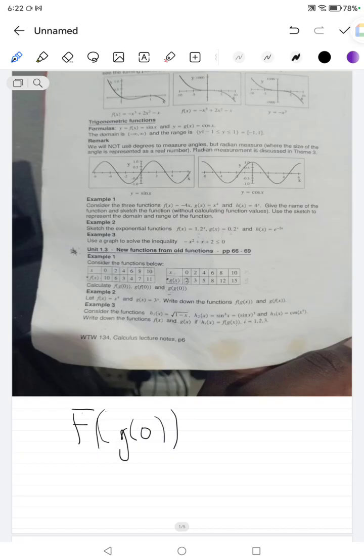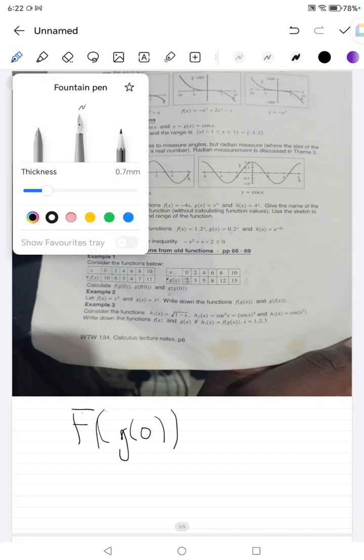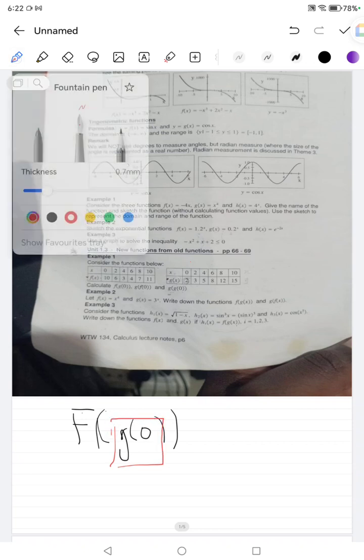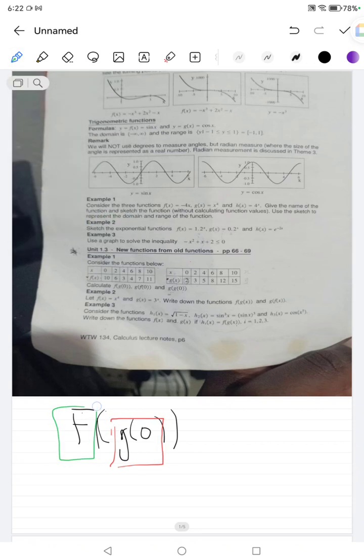So with these ones, mainly the order we work with is that we always try to work from the in going out. So in the internal side we have your g of x, then on the external side we have your f of x. But now they just tried to represent them using tables that you're given this side.